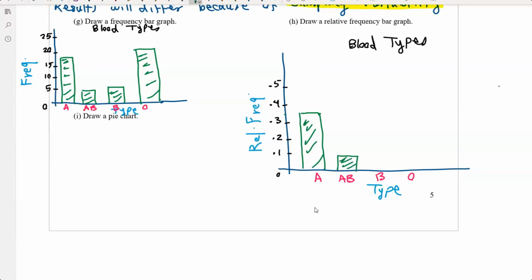So 8%, and that one is 12%. And finally, 44%. As I said, I want to have these blood types here in between to show that this rectangle is for that one.